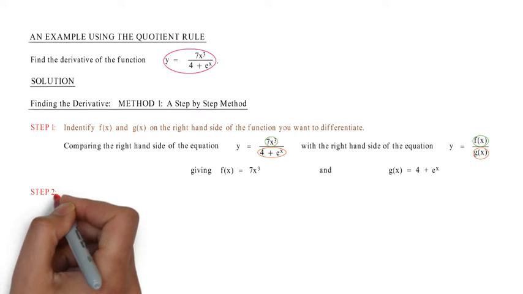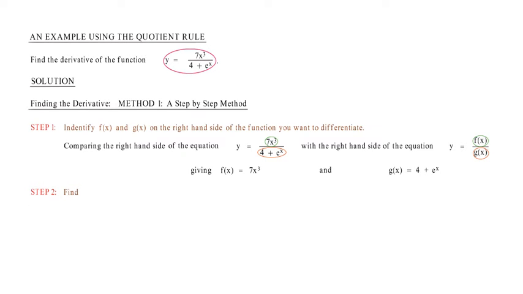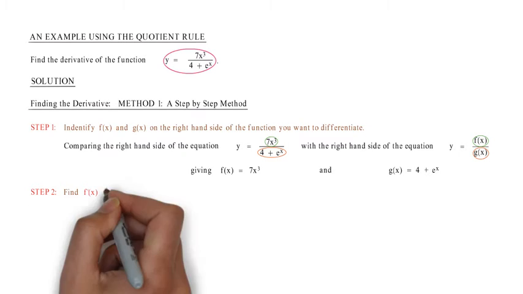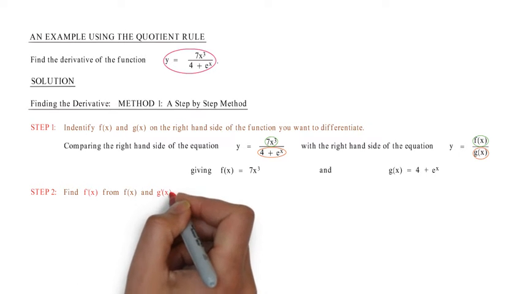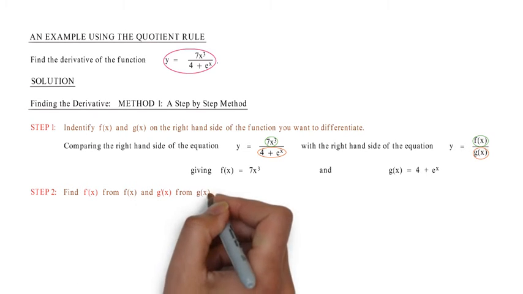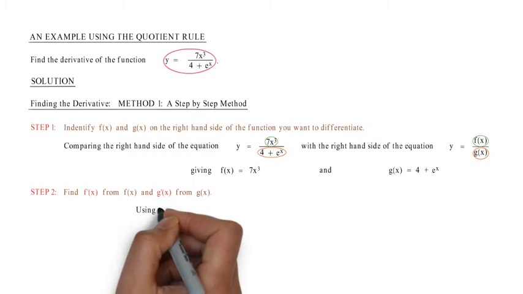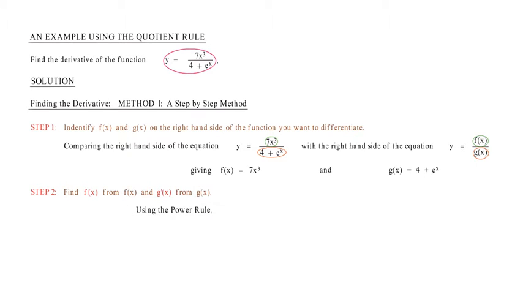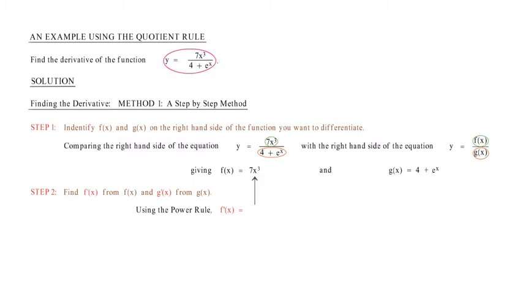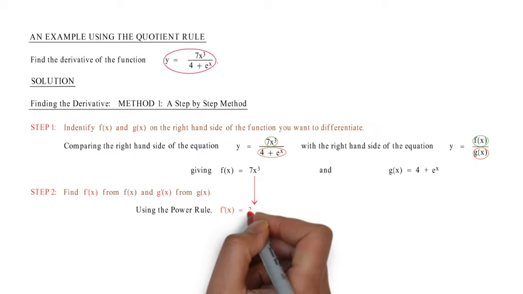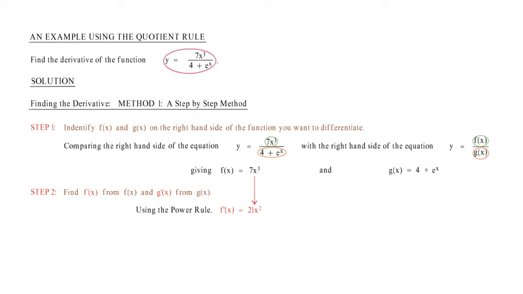Step 2. Find f'(x) from f(x) and g'(x) from g(x). Using the power rule, f'(x) equals the derivative of 7x cubed, which is 21x squared.